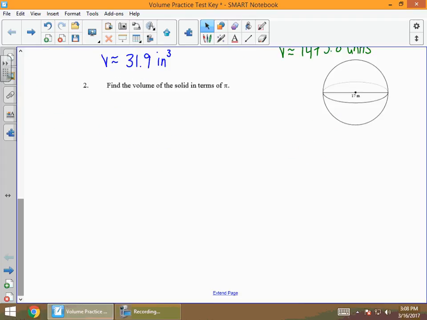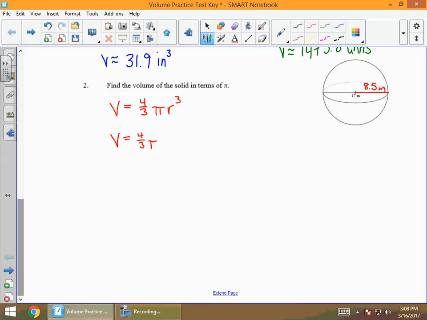The last one on this page is finding the volume of a sphere. So this sphere has a diameter of 17 meters, which means it has a radius of 8.5 meters. And the volume is 4/3 pi r cubed. So in this case, volume is 4/3 pi, and then I'll do 8.5 cubed.